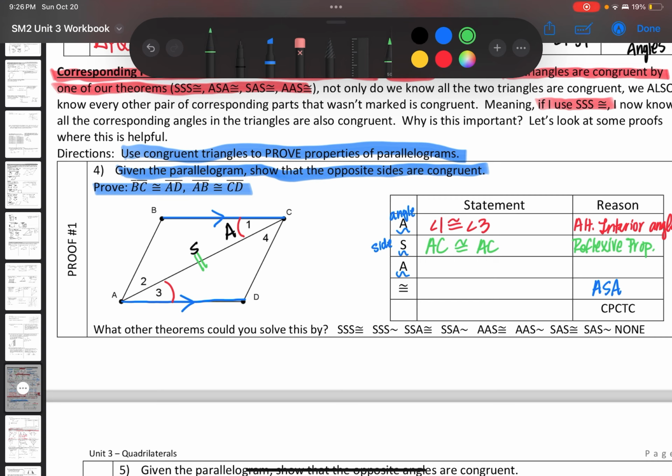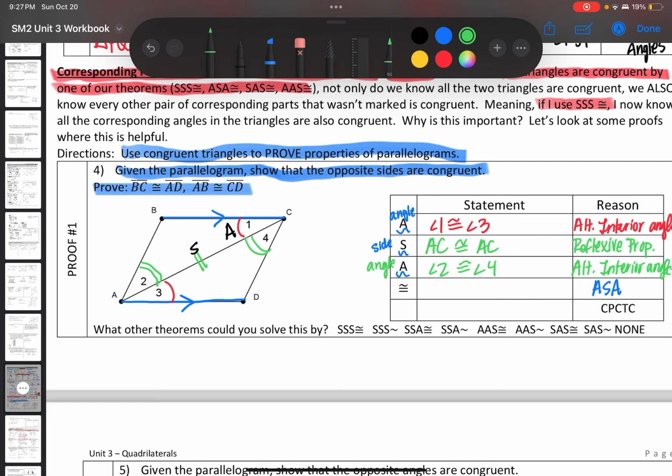Then our third statement to show angles. As you see here, I have two other alternate interior angles. Angle 2 is congruent to angle 4 because they are alternate interior angles.